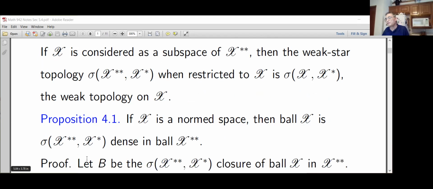Proof: let B be the closure in this topology of the ball of X in X double star.